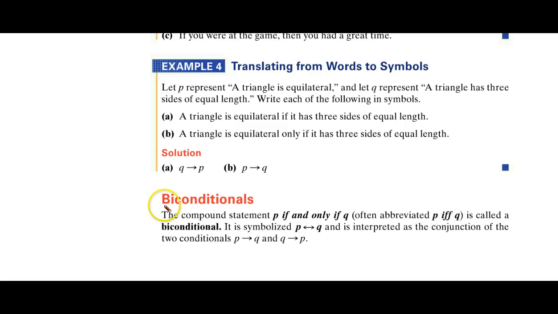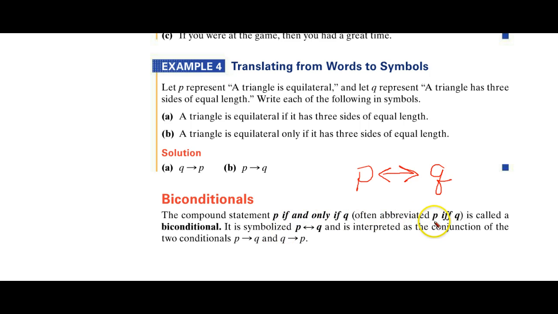Now, bi is a prefix for two, and basically what it refers to is that where normally you think that P yields Q, it's biconditional if Q yields P. And that's the symbol for biconditional.